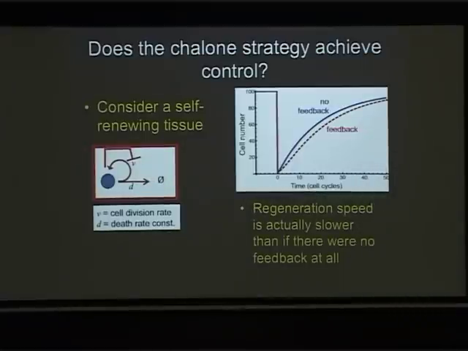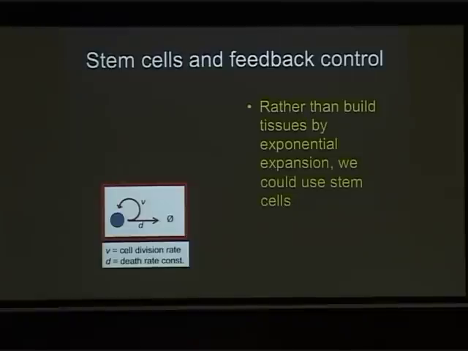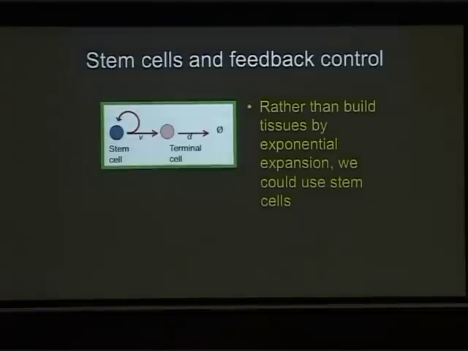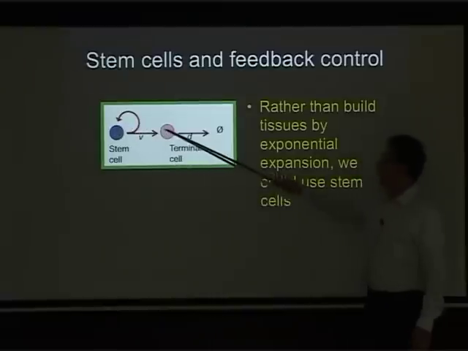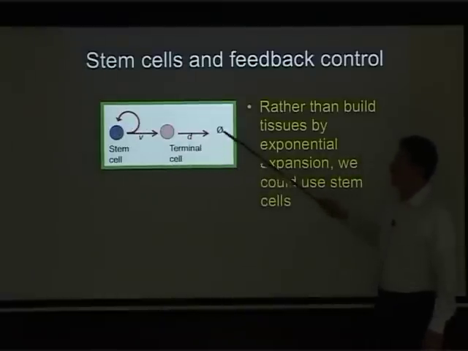So we'll just see in a moment that there are other feedback strategies that can speed up the rate a great deal. But this is all sort of as a prelude to talking about what happens if we actually do lineages. So if instead of just thinking of things like E. coli colonies, we have stem cells that can make this transition to produce terminal cells, and then those terminal cells can die.